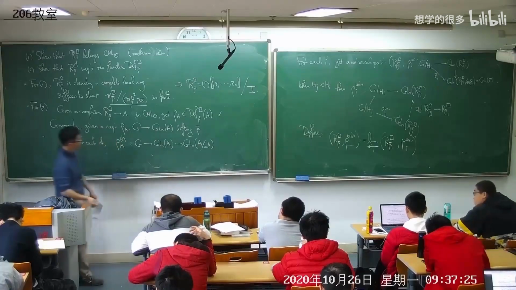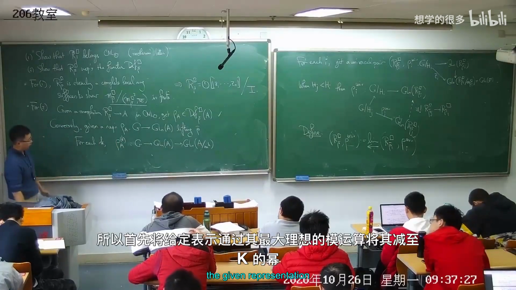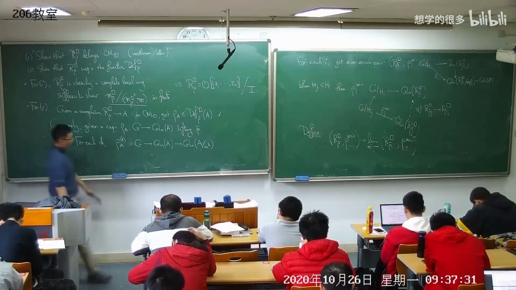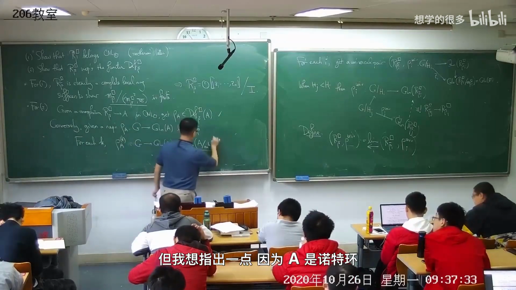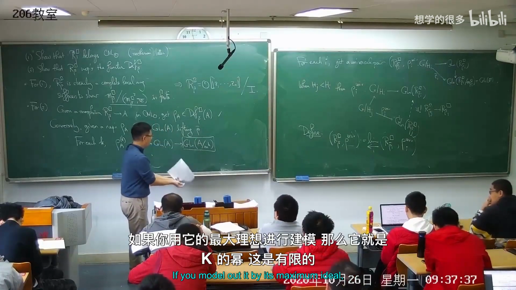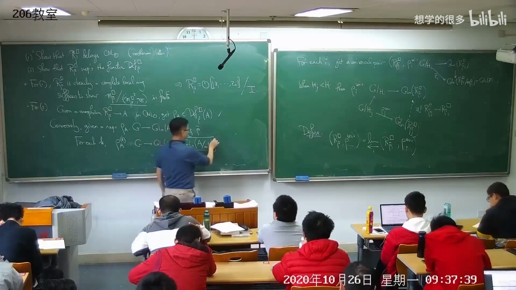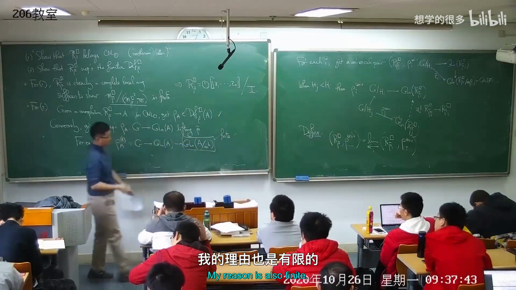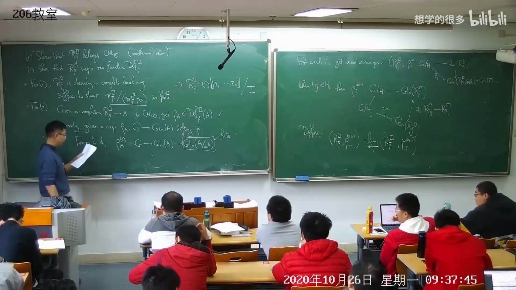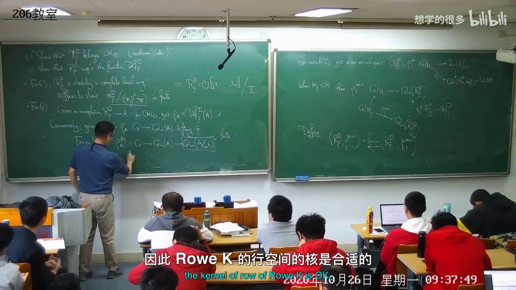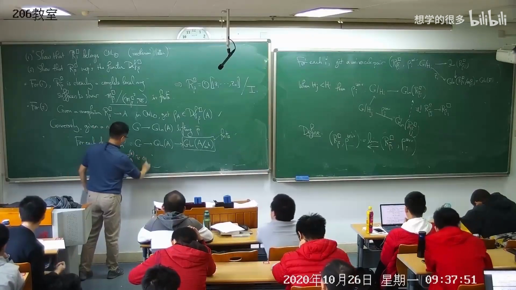I first reduce the given representation mod its maximal ideal to the kth power. But one thing I want to notice: because A is Noetherian, if you mod out by its maximal ideal's kth power, this is finite. My residue field is also finite, so this is truly finite. Therefore the kernel of ρ_A,k is open.